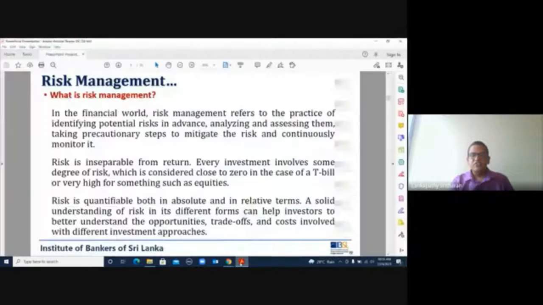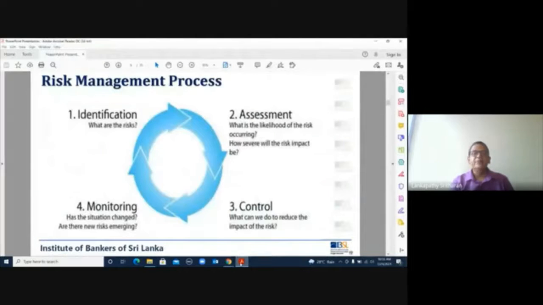Okay. Since there are no questions, I am moving to the next slide. We have already discussed what is risk and what is risk management. In the risk management definition, we saw that there are 4 processes, which is called the risk management process.